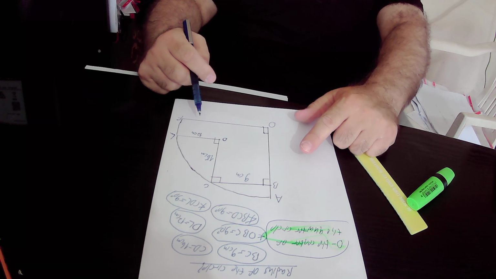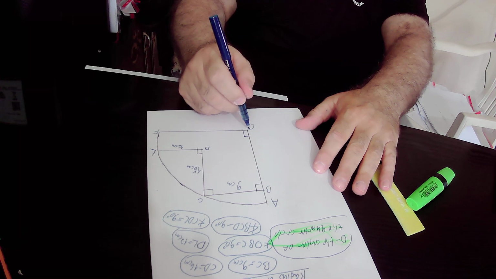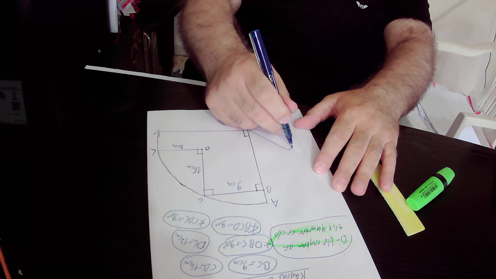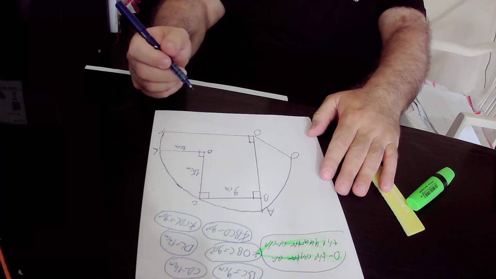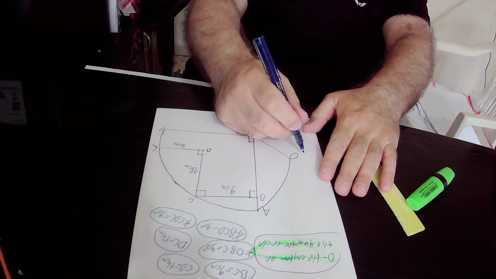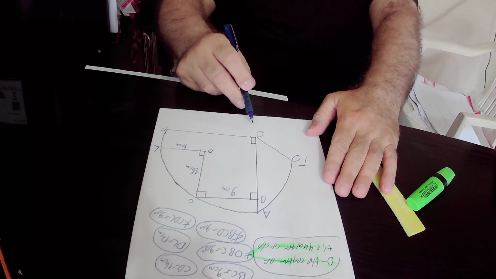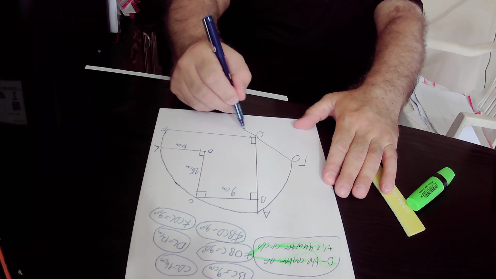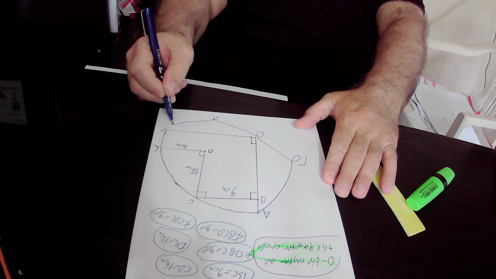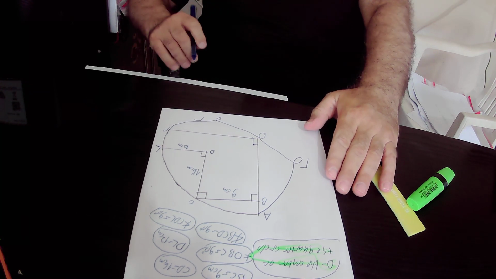So we'll define the radius of this quarter circle as R. Therefore, OF, that is actually the radius of the quarter circle, will also be equal to R, according to our definition. Okay.